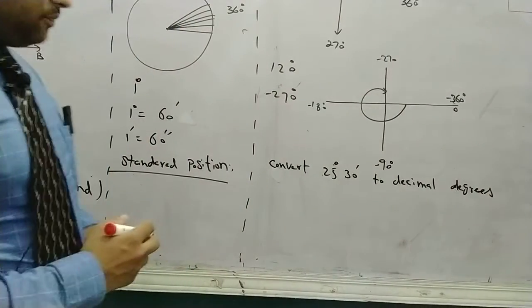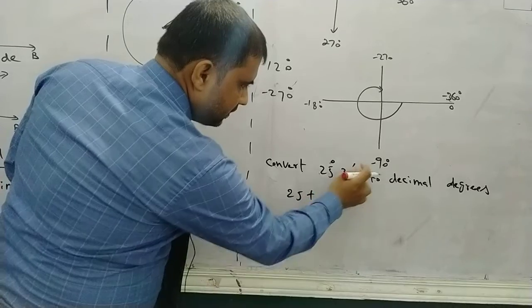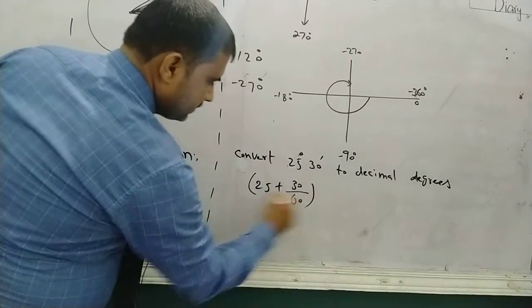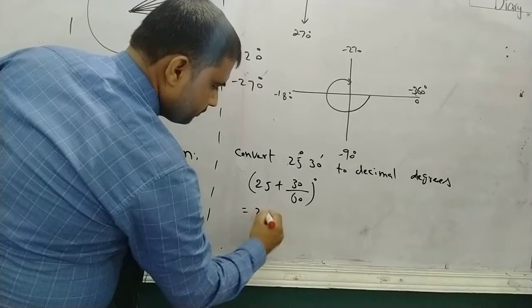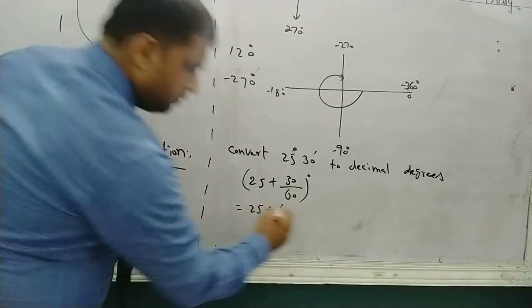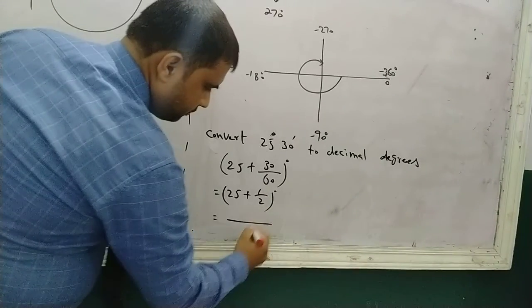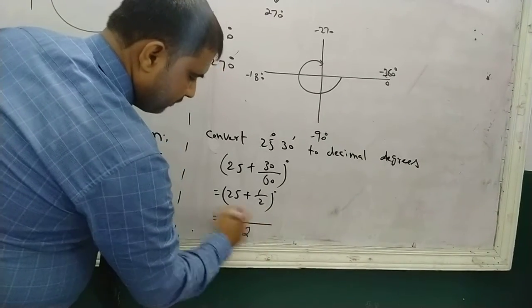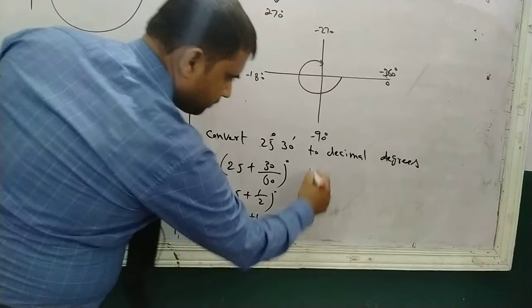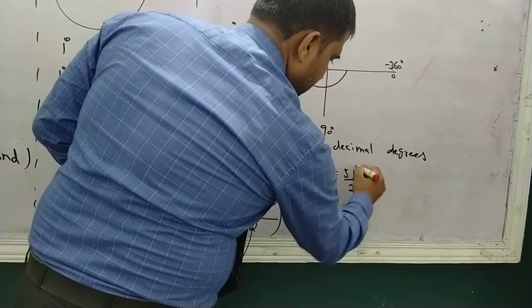How can we change it? First of all, 30 divided by 60 is 1 over 2. Taking LCM 2 and multiplying by 50, we get 51 over 2.